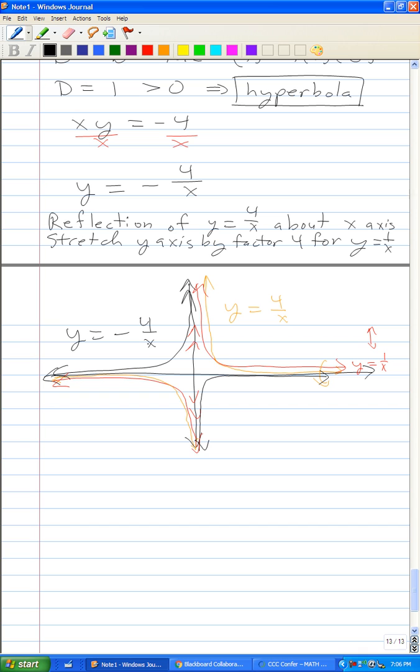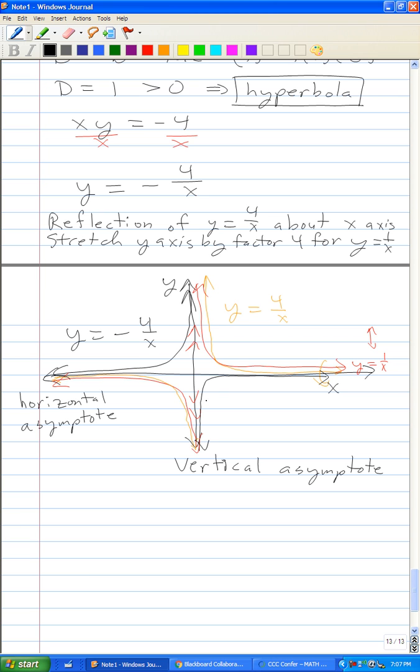But now if you notice, I have a horizontal asymptote, the x-axis, and I have a vertical asymptote, the y-axis.